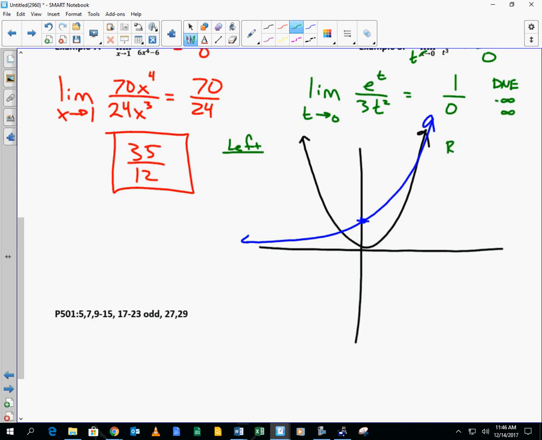Let's consider the right. We need to look at the blue function and the black function. As I approach 0 from the right, what does the blue function approach? 1. As I approach 0 from the right for the parabola, what do I approach?